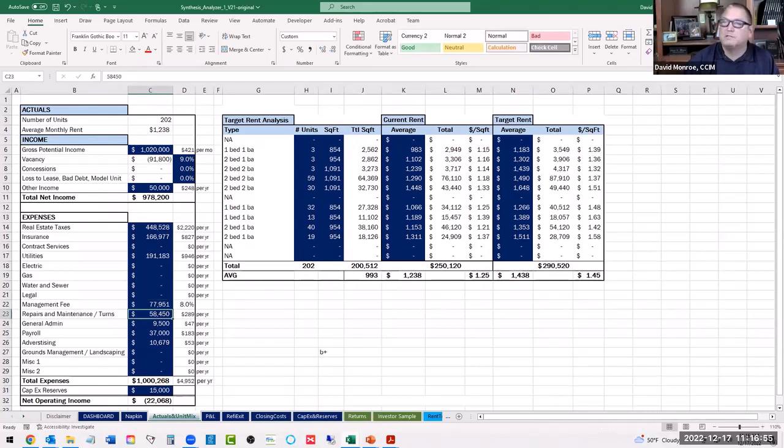And then repairs and maintenance, 150,924. G&A, 45,853.